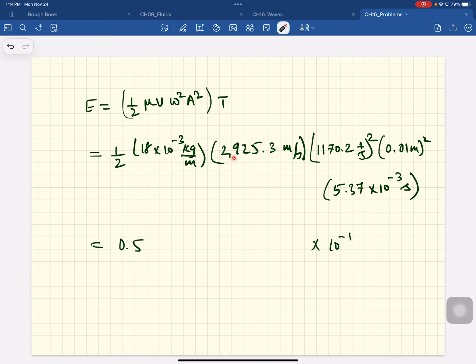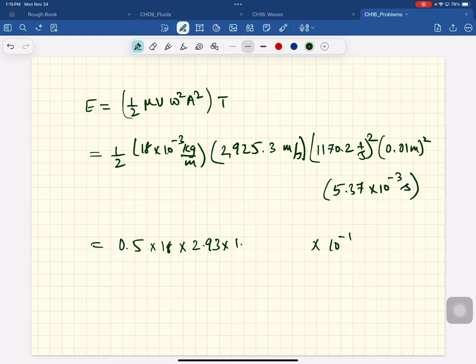Into 18 into 2.93 into 1.17 square into 5.37. And what are the units? Joules. Yeah, that's the SI unit for energy.